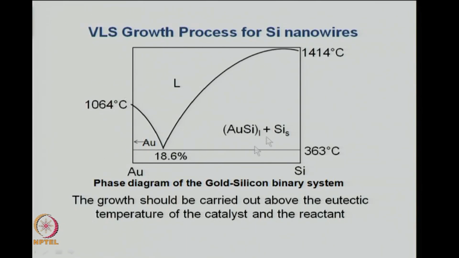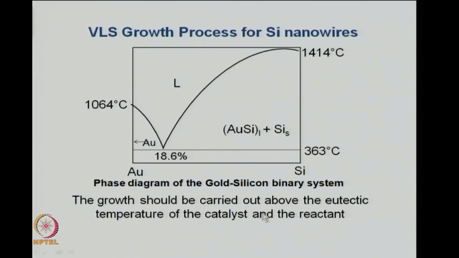Now, this phase diagram is used extensively for the growth of silicon nanowires, where gold is used as a catalyst. Silicon melting point is 1414 degree centigrade and gold melting point is 1064 degree centigrade, but the eutectic temperature is 363 degree centigrade, and you can use the eutectic composition for that.